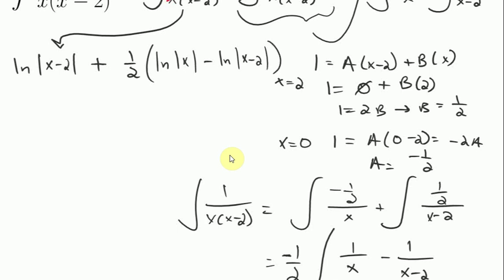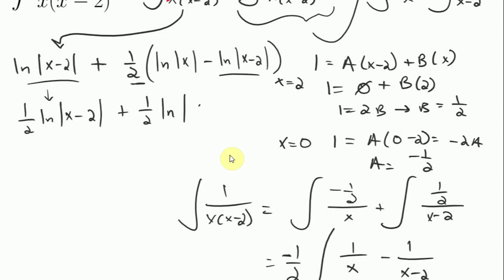And then we can say that ln of x minus 2 minus half of itself, right, because this is distribution right there, is going to be equal to 1/2 ln absolute value of x minus 2 plus 1/2 ln absolute value of x.